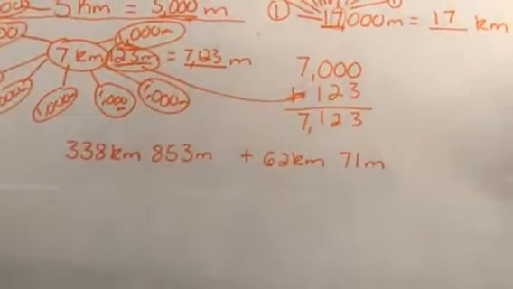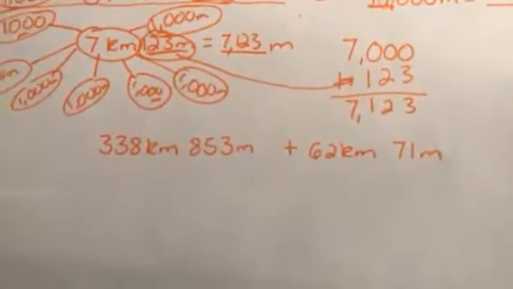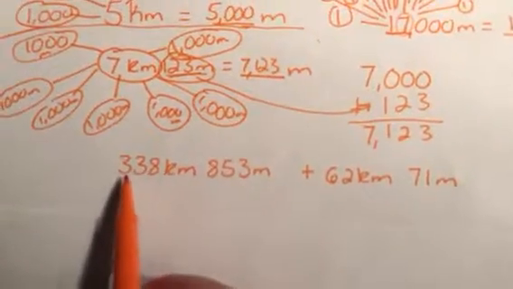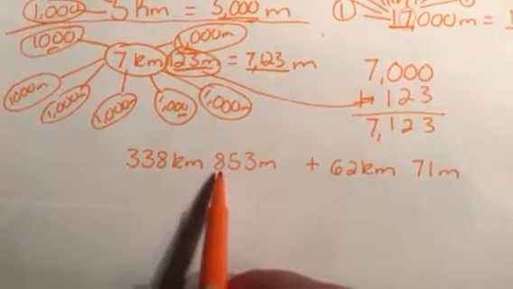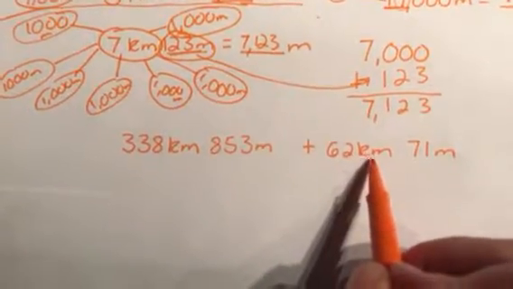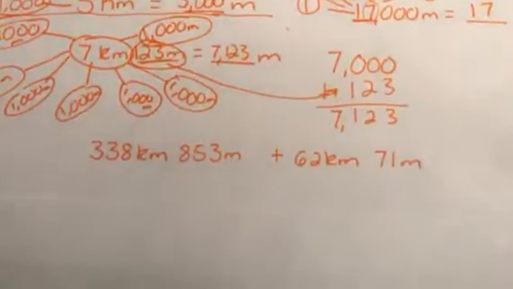Okay, so what do we do next? We're going to work on adding these. Okay, so we've got two mixed measurement units here. We've got 338 kilometers, 853 meters, and we've got 62 kilometers, 71 meters. So we're going to add those together.